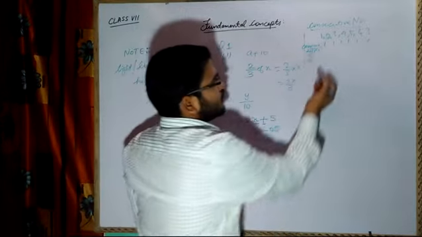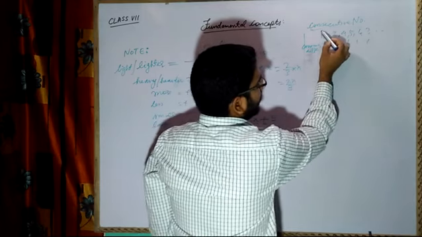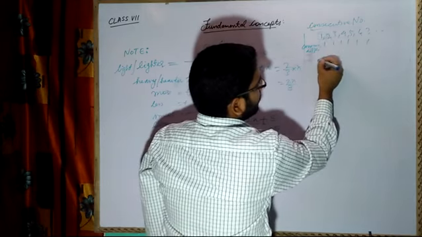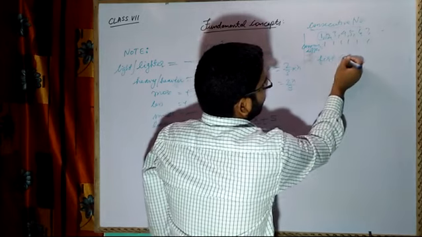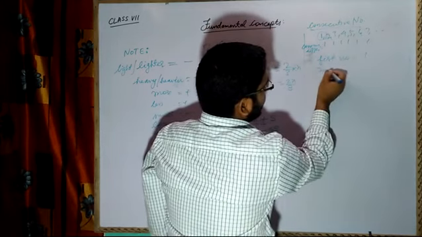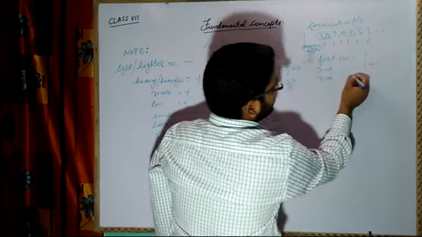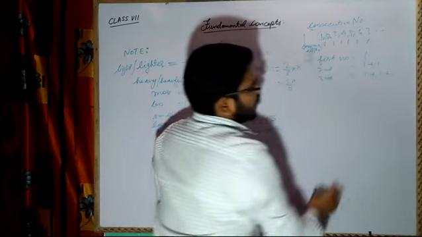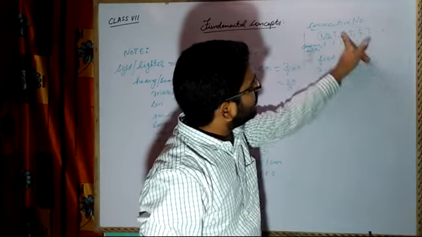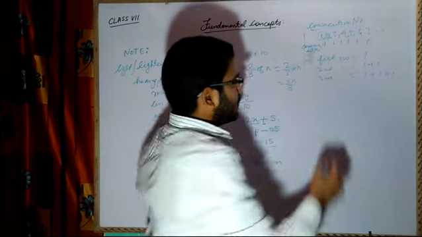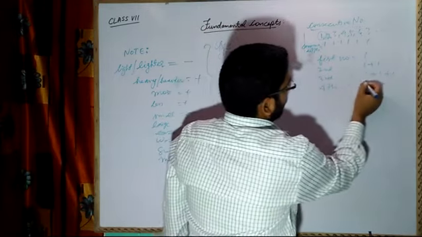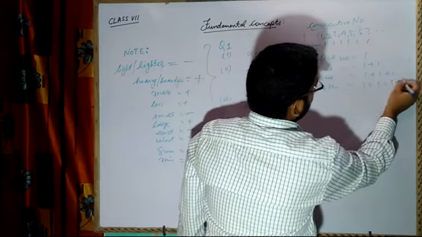Now what did you observe in case of natural numbers? If the first number is 1, then the second number is 1 plus 1. The third number is 1 plus 1 plus 1. The fourth number is 1 plus 1 plus 1 plus 1, and so on.